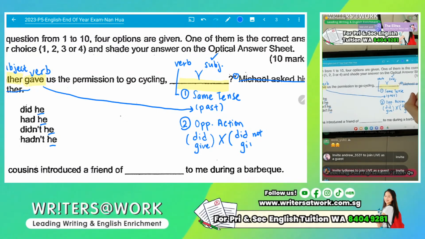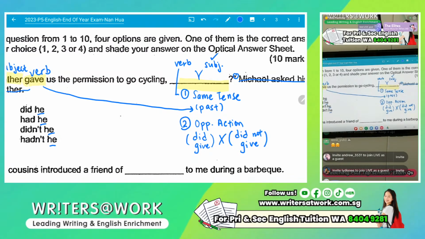Does that make sense to everyone? The opposite of giving permission would be not giving permission. So that's what I mean by opposite action for this rule over here. Some of you might learn it differently in your own schools. Your own English teachers might teach you as positive versus negative, but the same rule applies. Whether it's positive, negative, or opposite action, the same logic over here.